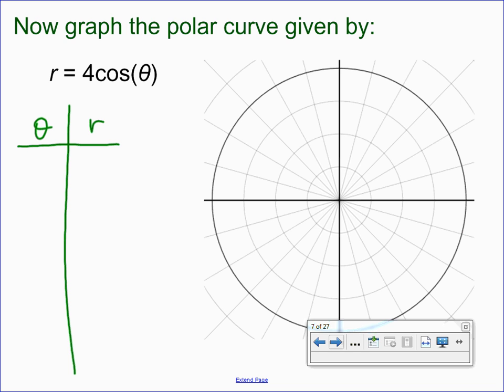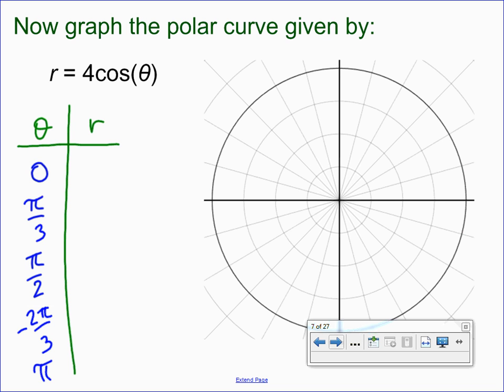We may need to add more values of theta and their corresponding outputs as necessary. If I'm doing this by hand, I'm going to try to make it easy on myself. As I choose theta values, I'm going to try to make them easy to evaluate with the cosine function. So I'll choose 0, pi over 3, pi over 2, 2 pi over 3, and pi.